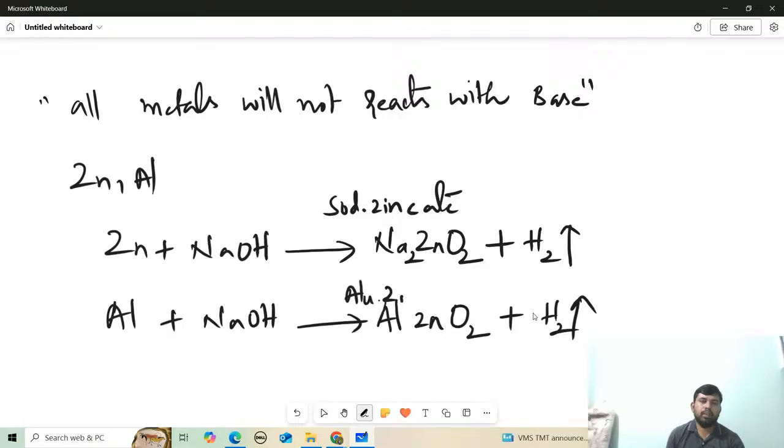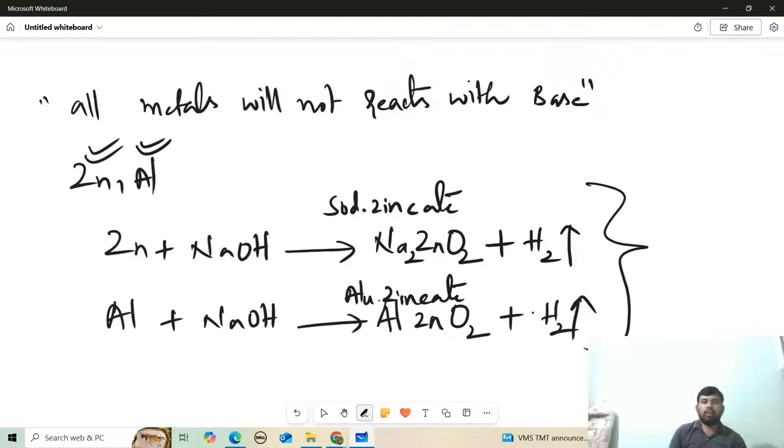Okay, clear? Generally bases will react with only these two that they given here, because there is no such condition that all the metals need to be reactive. Few active metals like zinc and aluminum can react. Okay, so next one you see.